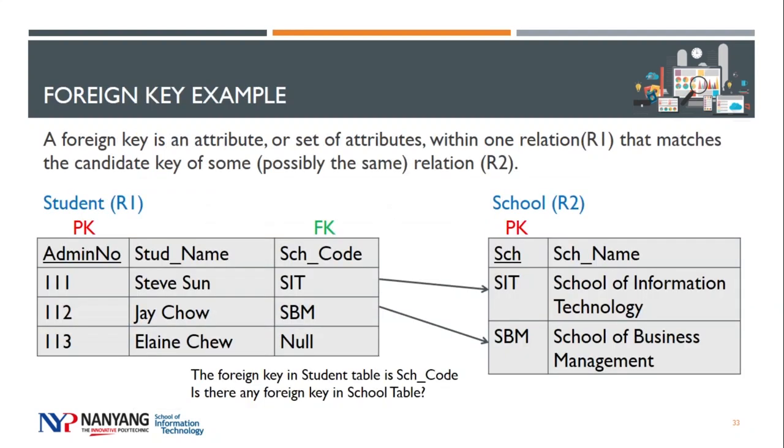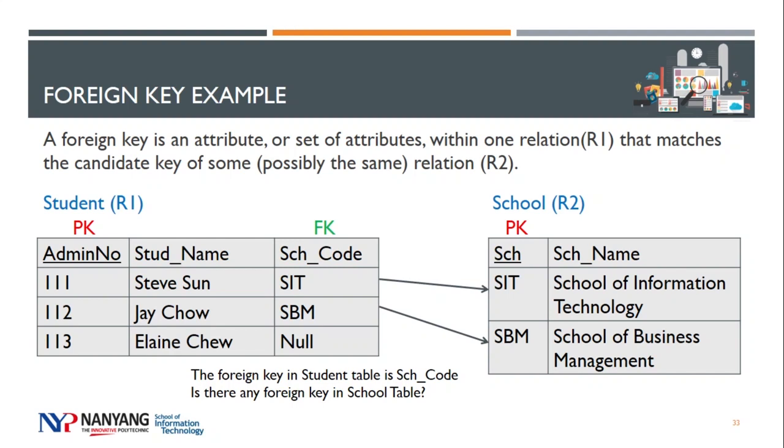So, a foreign key example. A foreign key is an attribute, within a relation, that matches the candidate key of some relation. In this case, looking at the tables on the left and the right, the foreign key in the student table on the left is the school code.